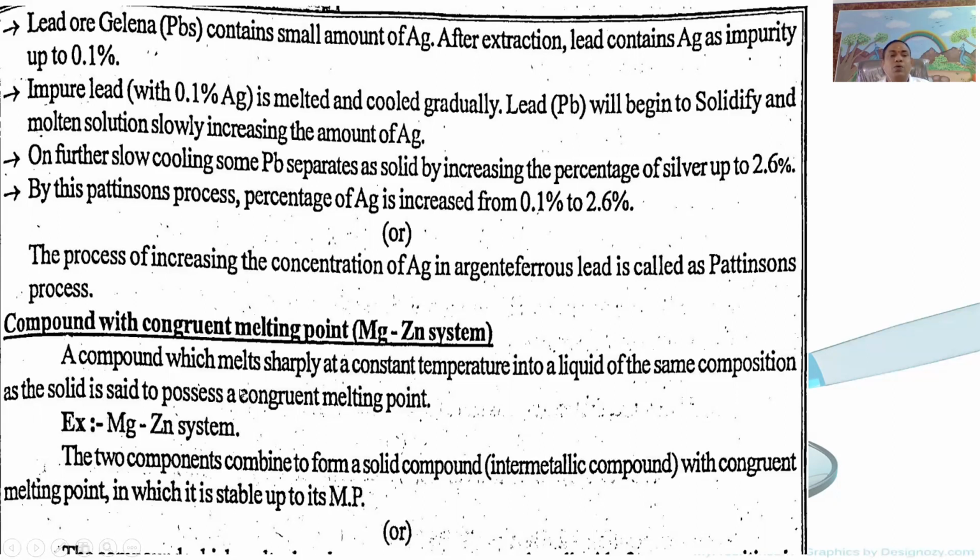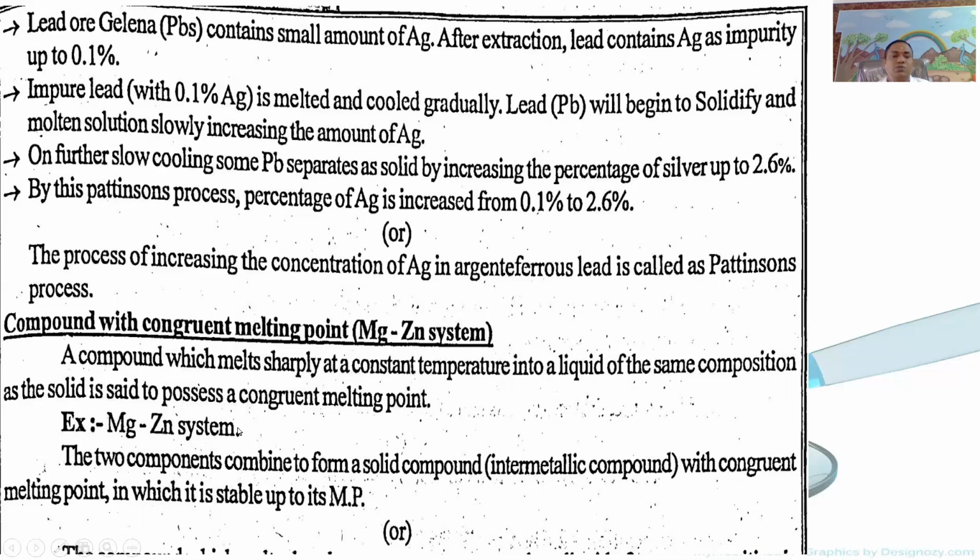Here, a compound which melts sharply at a constant temperature into a liquid of the same composition as the solid is said to possess a congruent melting point.